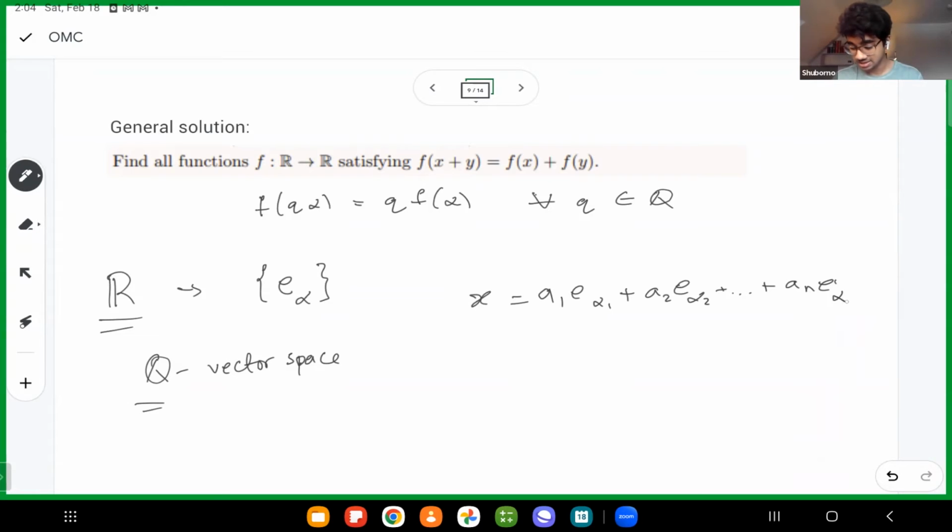You can express every real as a linear combination of your basis vectors, where all of these coefficients are rational.